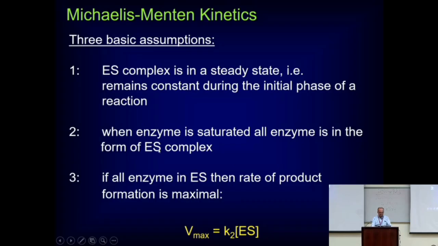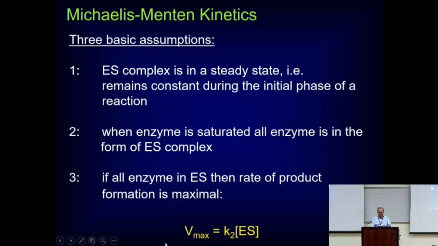The other assumption they made is that if you have a large excess of substrate, then all the enzyme is saturated with the substrate and the enzyme is working at maximal velocity. And that is known as Vmax.